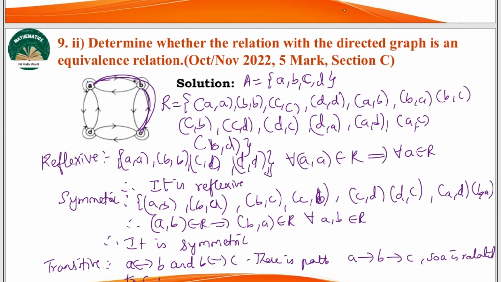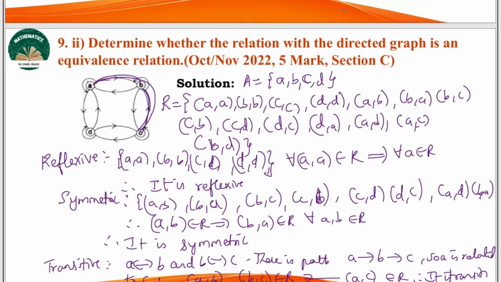We can prove that (A,B), (B,C) belong to R implies (A,C) belongs to R. Therefore, it is transitive.